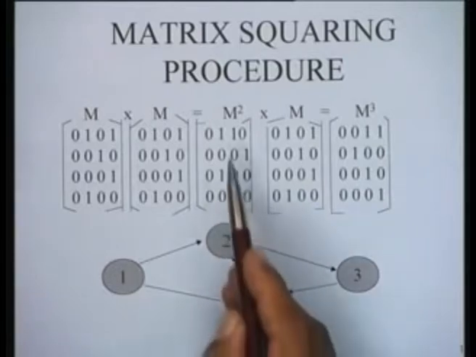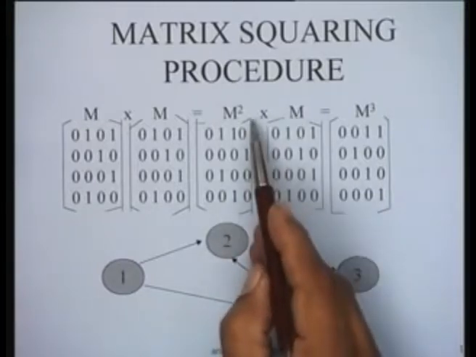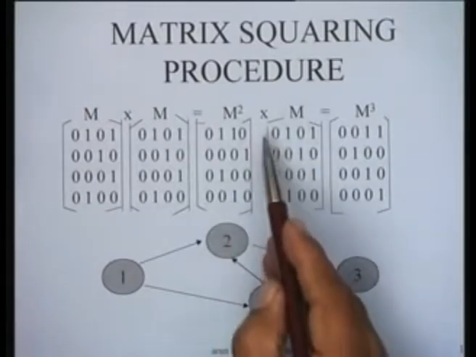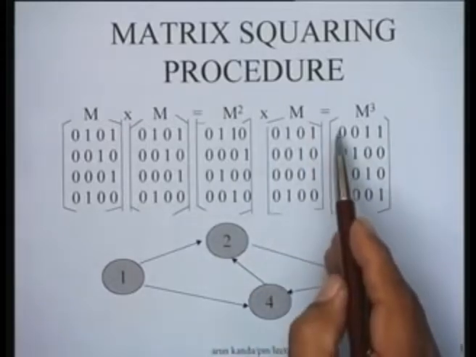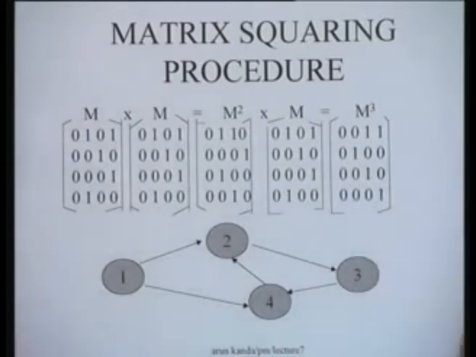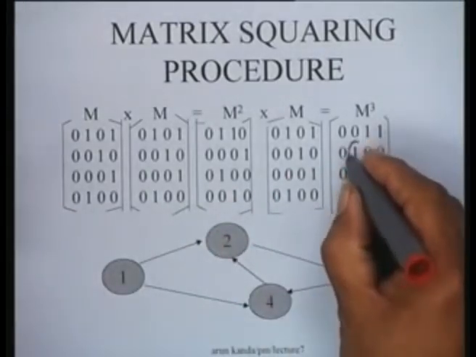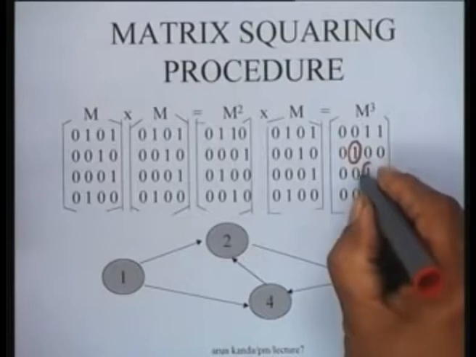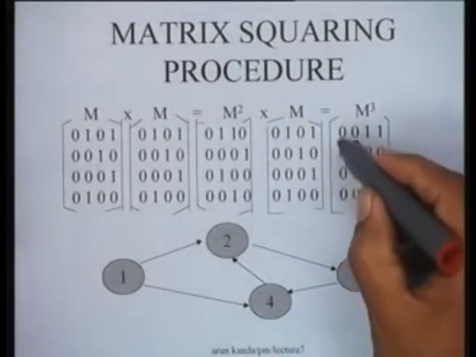Now in M square, all the elements on the diagonal are still 0, but if we multiply it with M again, we generate this particular matrix here, which is M cube. And what you find in M cube is that ones have appeared on the diagonal. Here is an interesting thing which has happened. You have a 1 here, a 1 here, and a 1 here, and a 0 here.